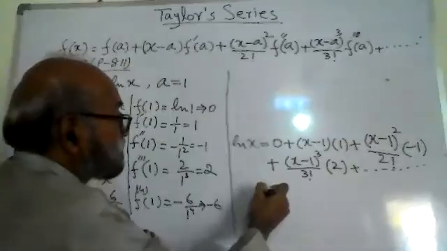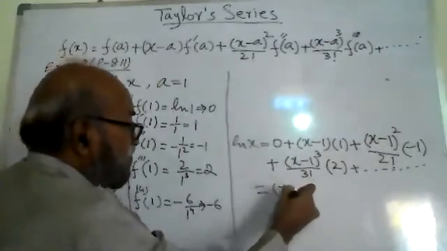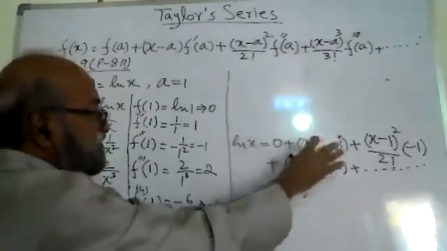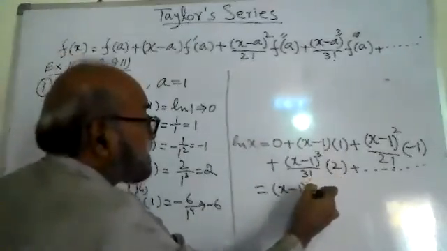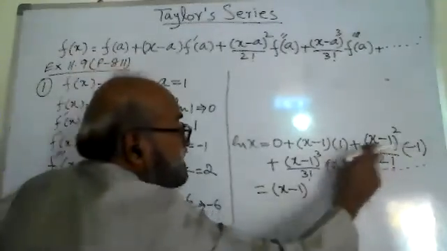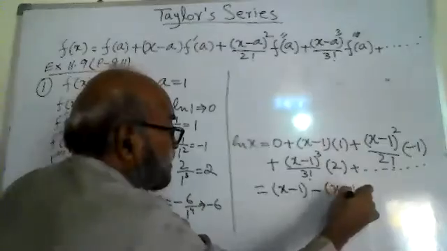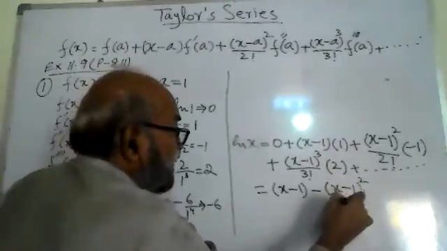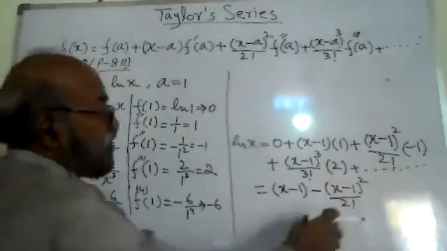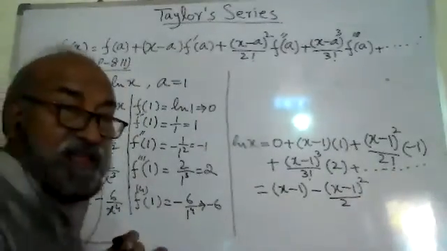It will become x minus 1 into 1, which is x minus 1. 0 is 0, plus this one will be this one only. Plus x minus, this minus into plus will be minus, x minus 1 whole square upon 2 factorial. 2 factorial is 2 into 1.